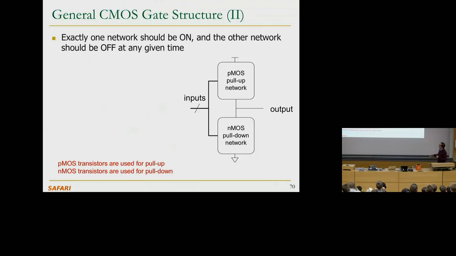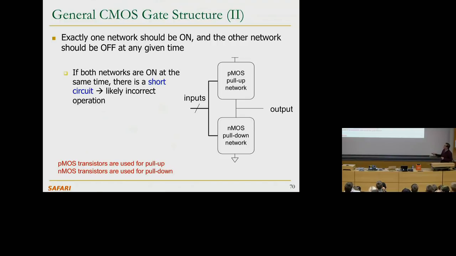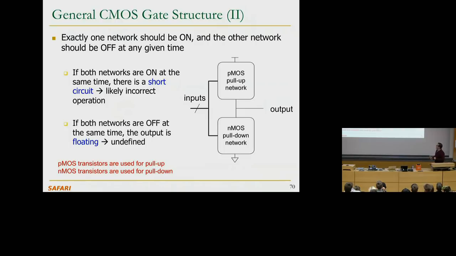So let's go into a little bit more over here. Exactly one network should be on and the other network should be off at any given time. Otherwise, you would get a short circuit over here. If both networks are on at the same time, there's a short circuit. This 3 volt gets connected to the 0 volts and basically likely incorrect operation. If both networks are off at the same time, nothing gets connected to the output, neither the power supply nor the ground.